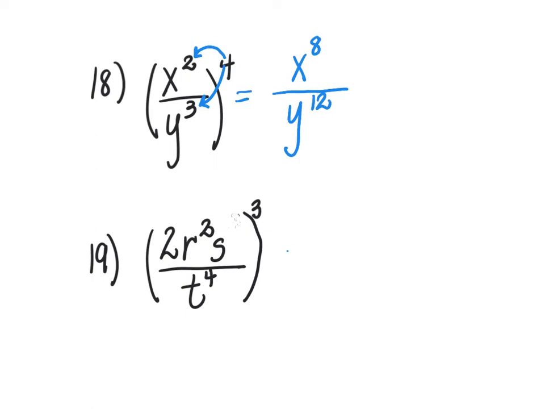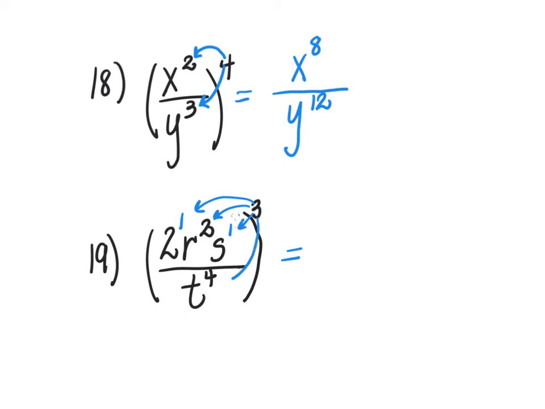And then on number 19, I have 2r to the second power s divided by t to the fourth raised to the third power. Now keep in mind that my 2 and my s don't have powers that I see, so I'm going to write the understood 1 power, and then I'm going to multiply the outside power by all the inside powers. Right?